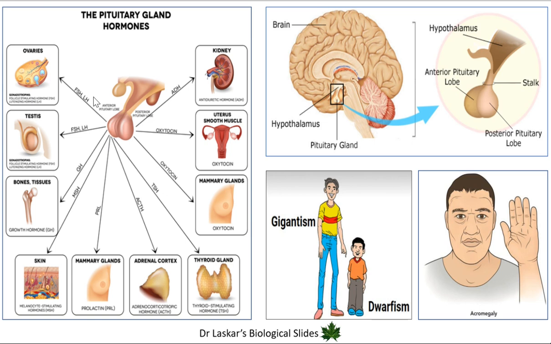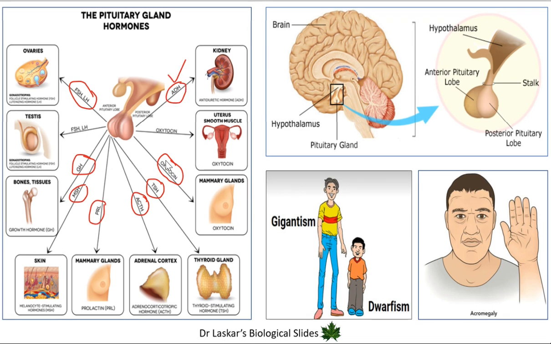These hormones are FSH and LH, both commonly called GSH or gonad stimulating hormone, then GH or growth hormone, MSH or melanocyte stimulating hormone, PRL, that stands for prolactin, ACTH, that stands for adrenocorticotropic hormone, TSH, that stands for thyroid stimulating hormone, oxytocin, and vasopressin.